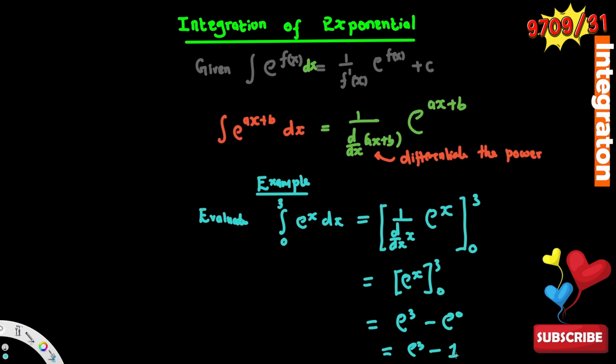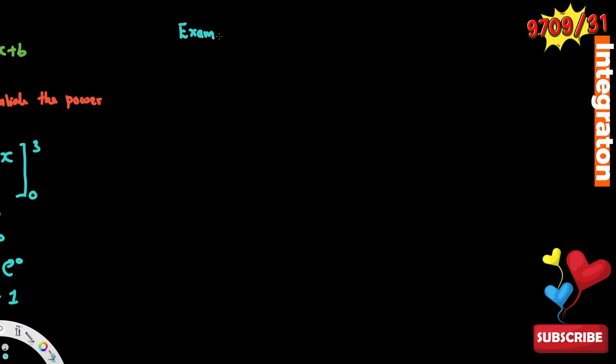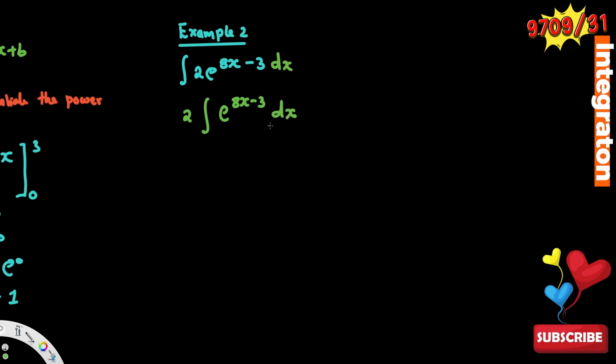Now we need to look at another example so that we can see how we can apply this to other questions. We're supposed to find the integral of 2 e to the power 8x minus 3 with respect to x. So we're going to factor out 2, and then we're going to remain with e to the power of 8x minus 3.